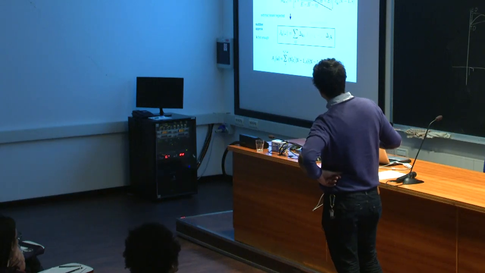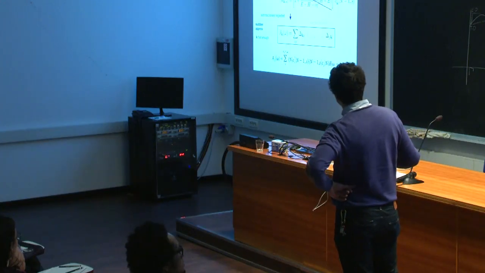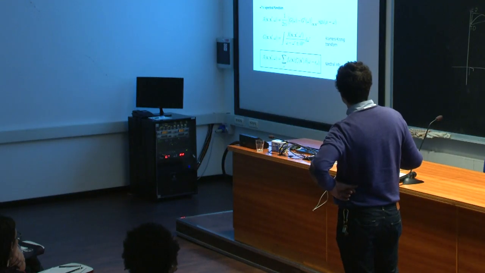And as I said, we are interested in looking at the spectral density, and the spectral density, spectral function, can be computed from the Green's function in this way. So the spectral function is actually the imaginary part of the Green's function and can be used to represent the Green's function through this Kramers-Kronig like expression.